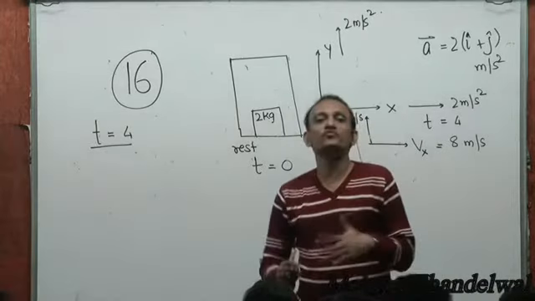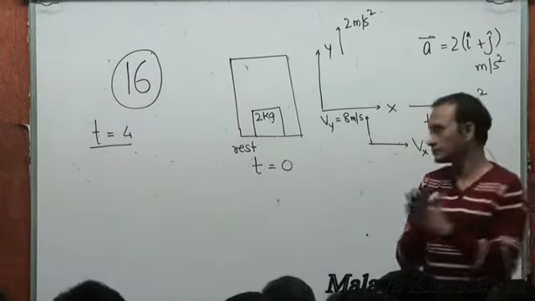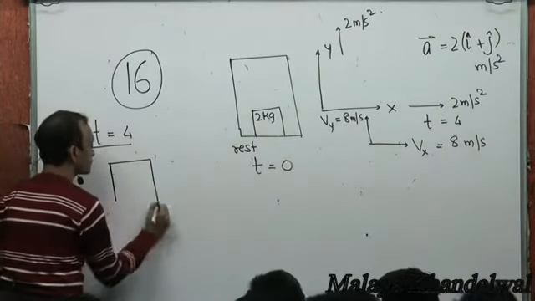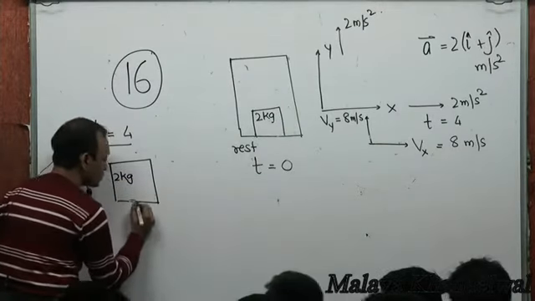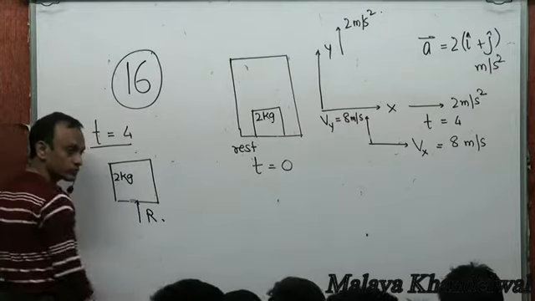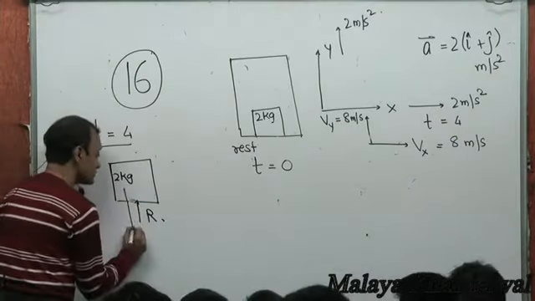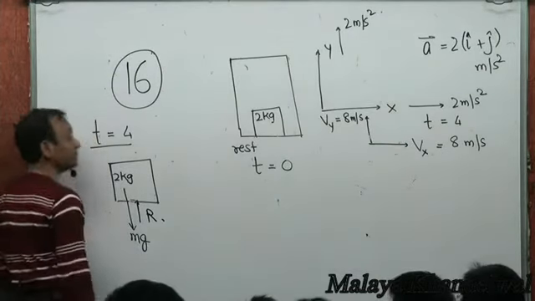Now, there are various forces acting on the 2 kg block. There is normal reaction from the ground. There is mg acting downwards, Mother Earth, right?